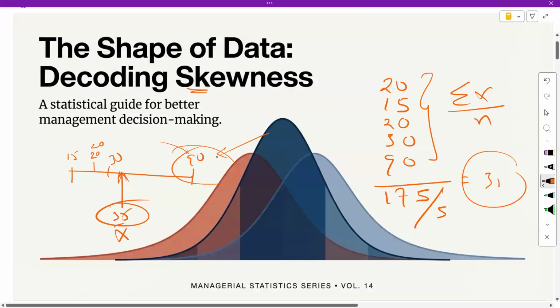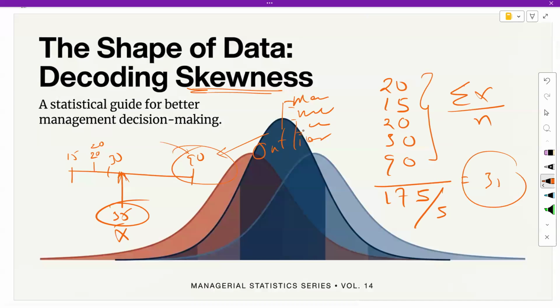So we studied a term for this kind of extreme values. It's called what? Outlier. So this kind of data may mislead our decisions and inferences. This kind of data distribution is called skewed data. Normally, in symmetric data the mean, median, and mode should be equal, at least approximately equal.